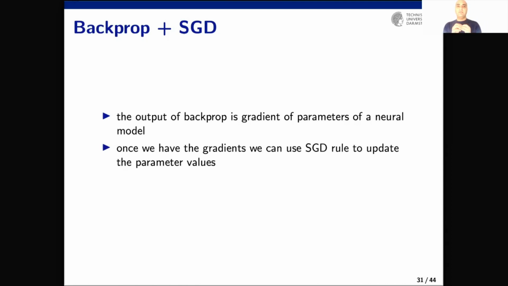It is important to distinguish between these two algorithms. Backpropagation only computes the forward path and backward path. It only calculates and saves the gradient values. That's it. It doesn't do anything more. The algorithm that updates the parameters is stochastic gradient descent.